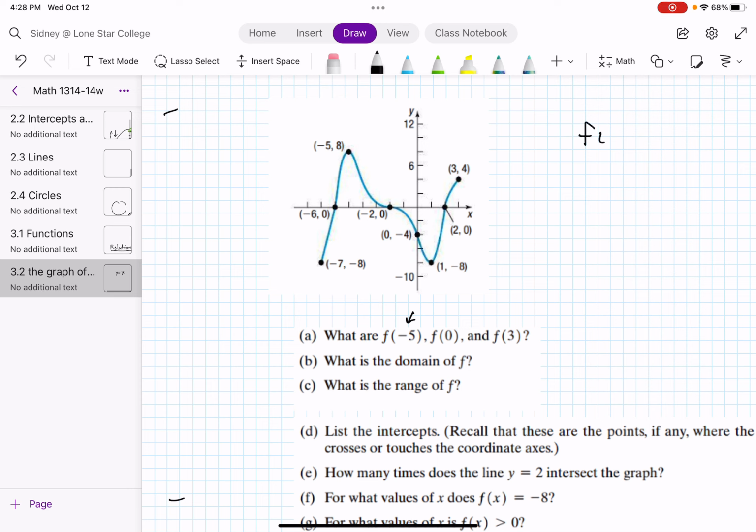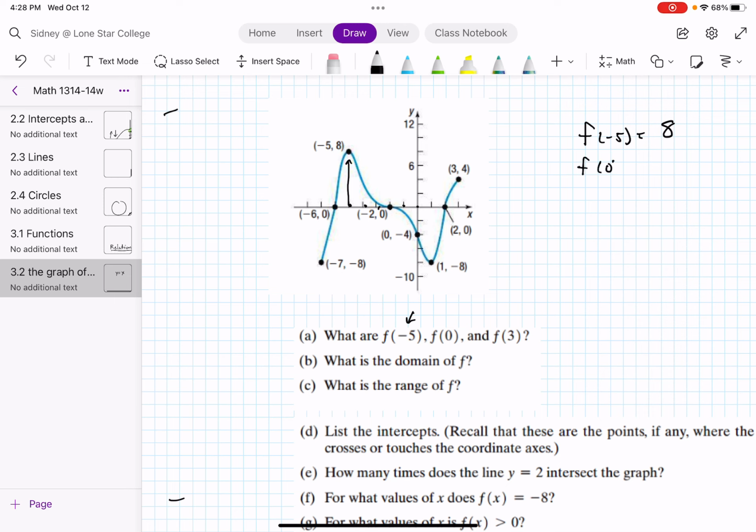And so f of -5 is equal to, and we simply come down the x-axis to where x is -5. And from there we look, where is the graph relative to this x value? And we can see that it's right here, and that when x is -5, this graph has a y value of 8. So f of -5 is 8.